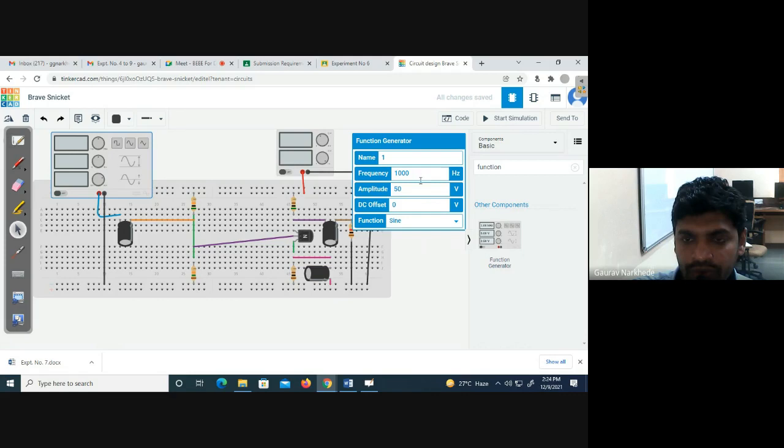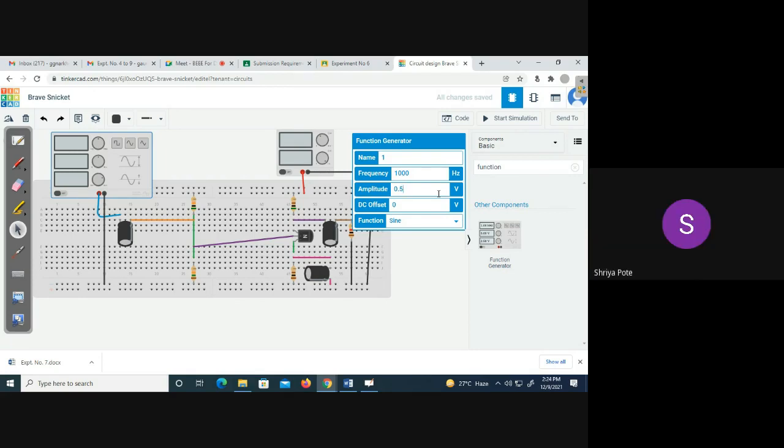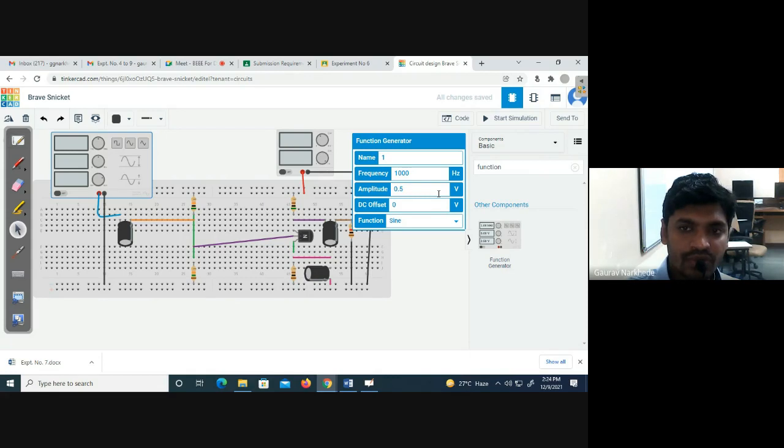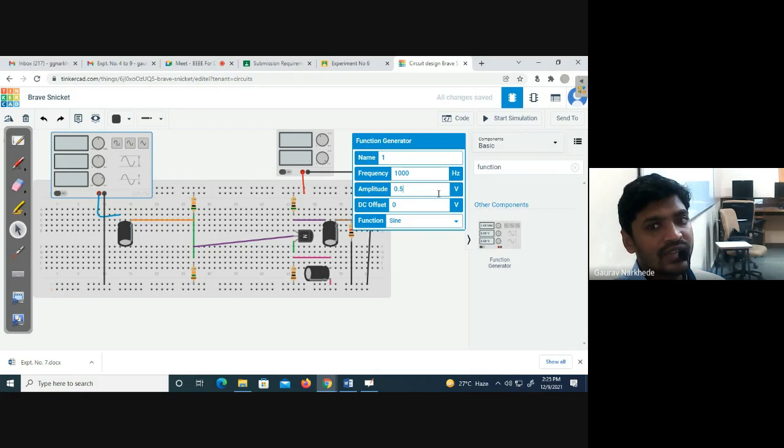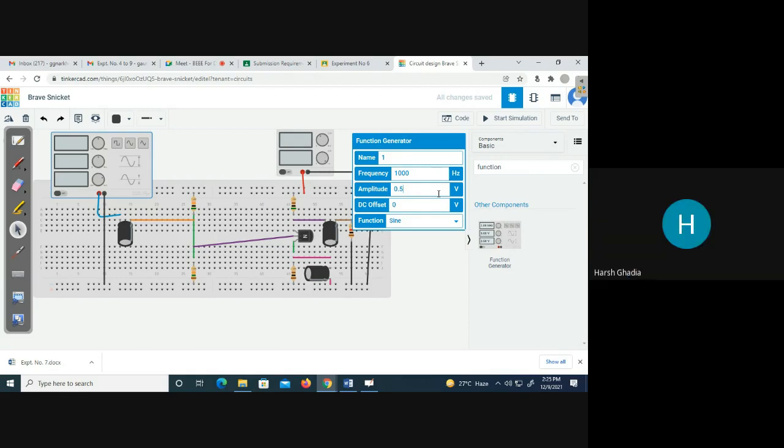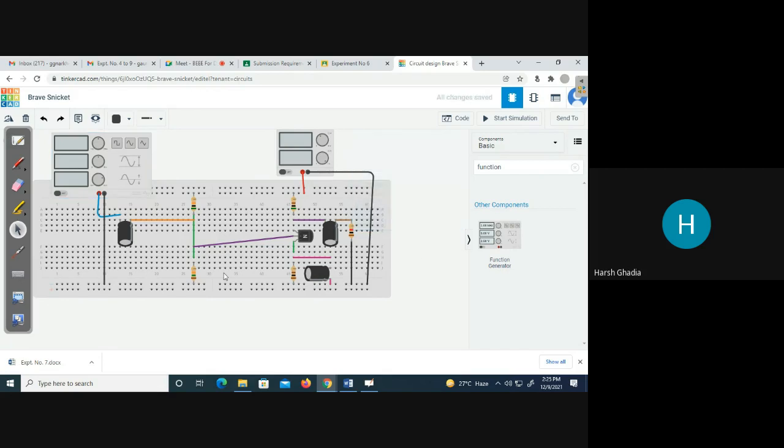Sine wave of 1 kilohertz, and this is 50 milliamperes, or we can say 0.5 volts. 50 into 10 to the power minus 3, so it will be 0.05. So this is the peak to peak voltage I am giving.